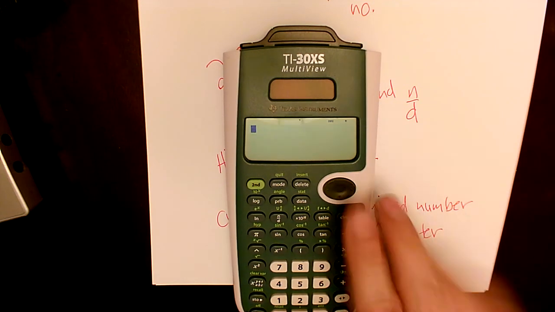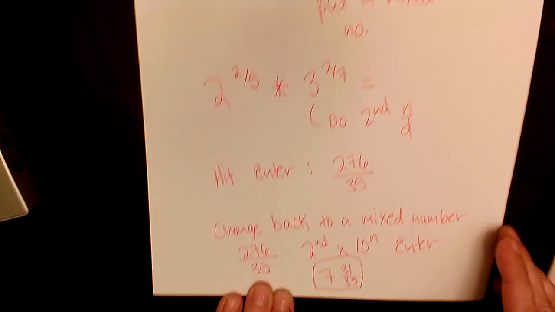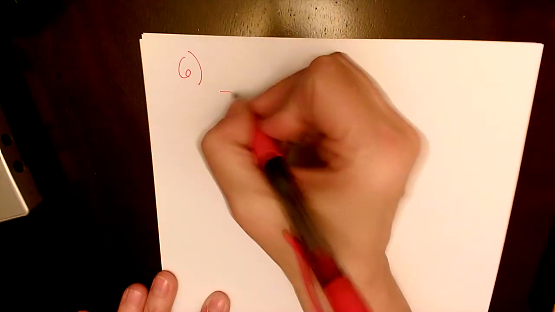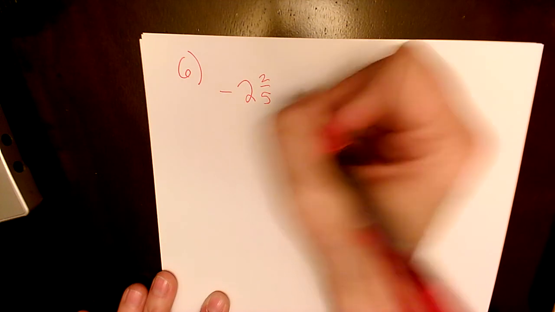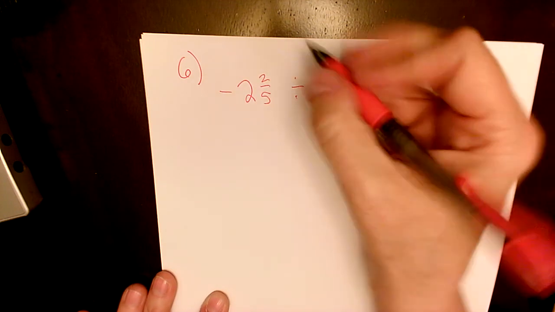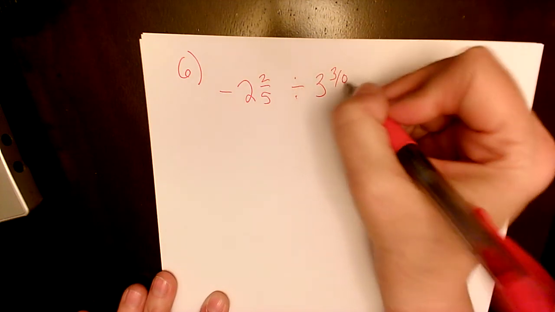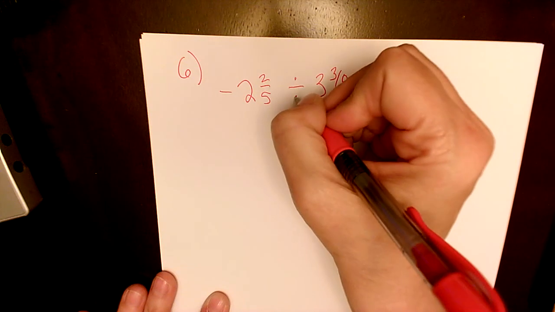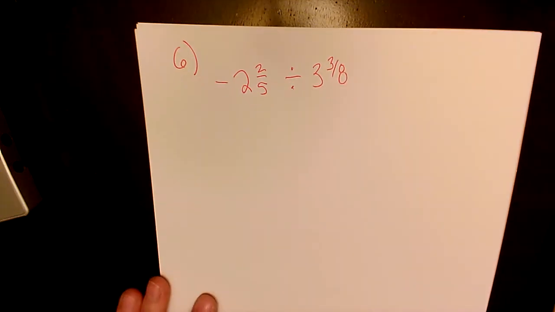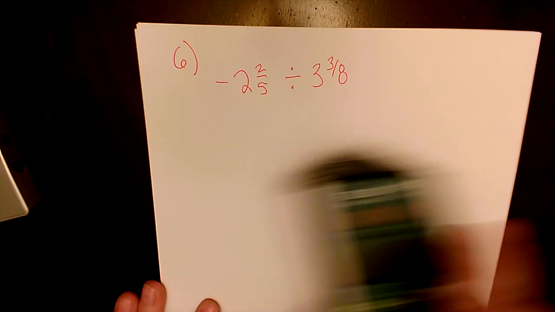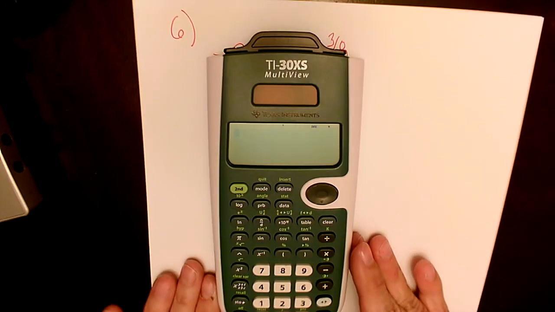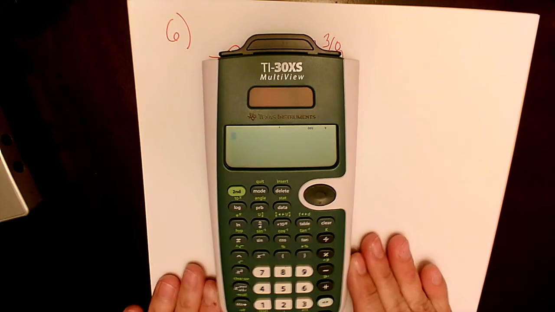So let's clear that out. And let's try number 6, and that is -2 2/5 divided by 3 3/8. So use the directions that I just gave you, and let's try this on the calculator. Okay.